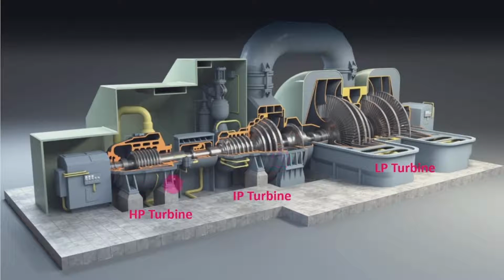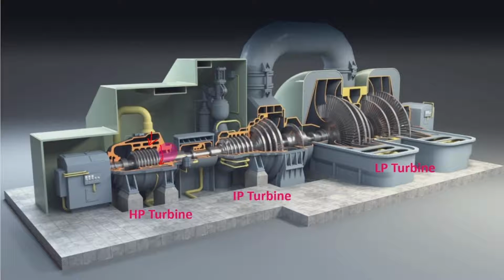And here is how it works: the steam from the boiler is allowed to flow through these nozzles. These nozzles direct the steam to hit the turbine blades, and that acts as a force on them. Due to that force the blades start rotating, which turns the shaft.